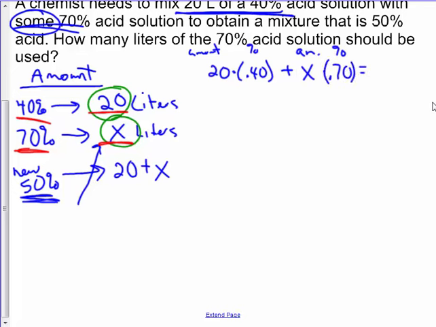I know when I add those together, I want it to equal a 50% solution. So I'm going to take 50% times 20 plus X. Again, the 20 plus X is the amount of the 50% solution.